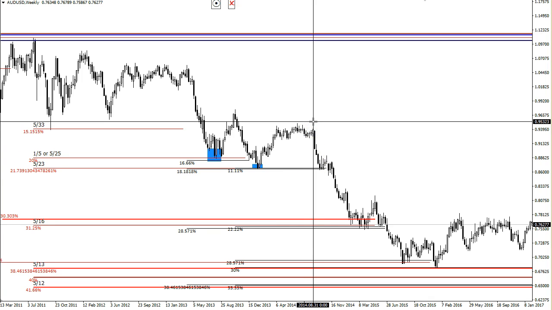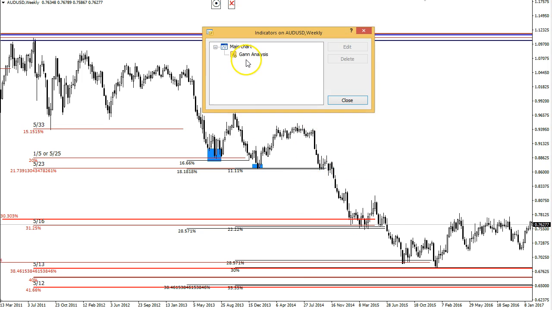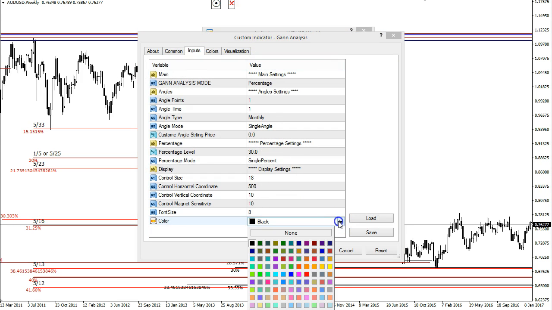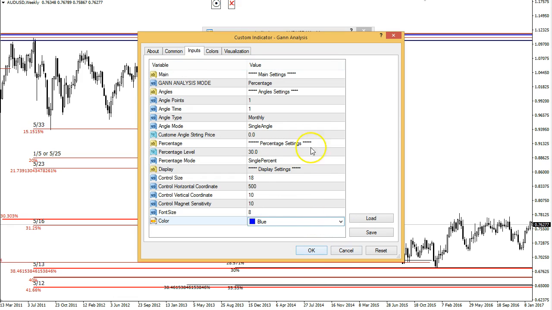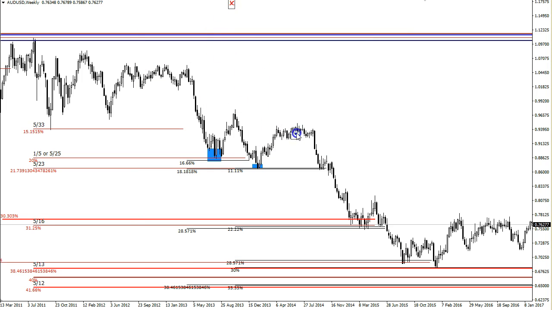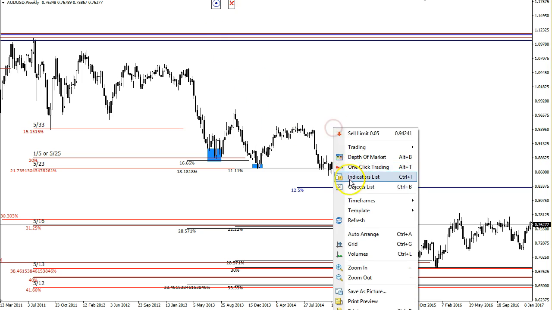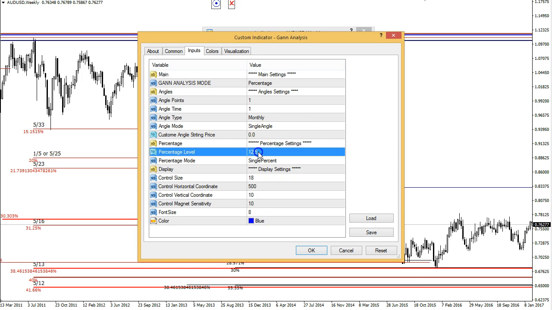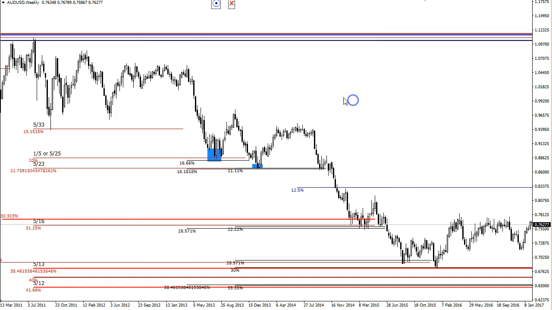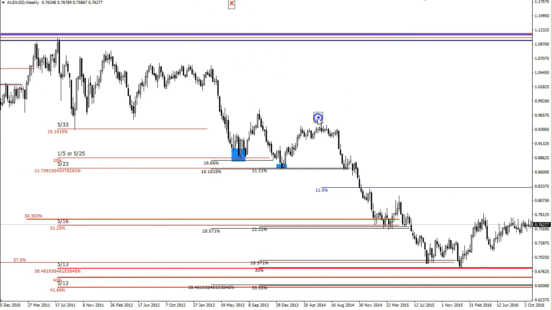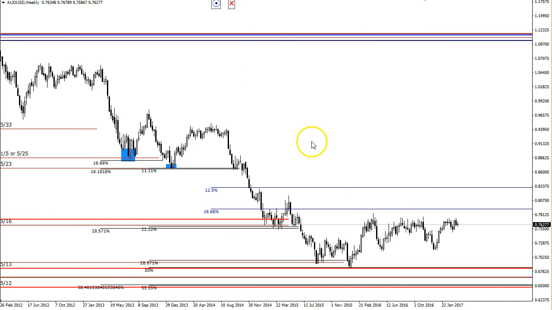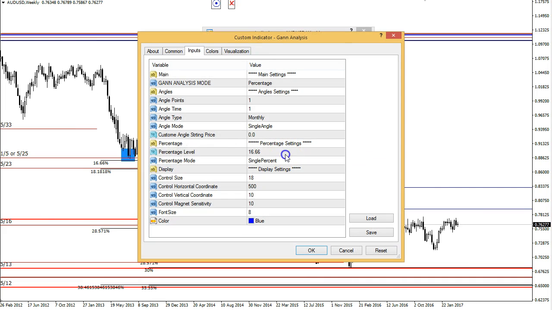Next level is this one. Take 12.5. Nothing, no reaction. Have 16.66. No reaction. We learned that 20% is working.